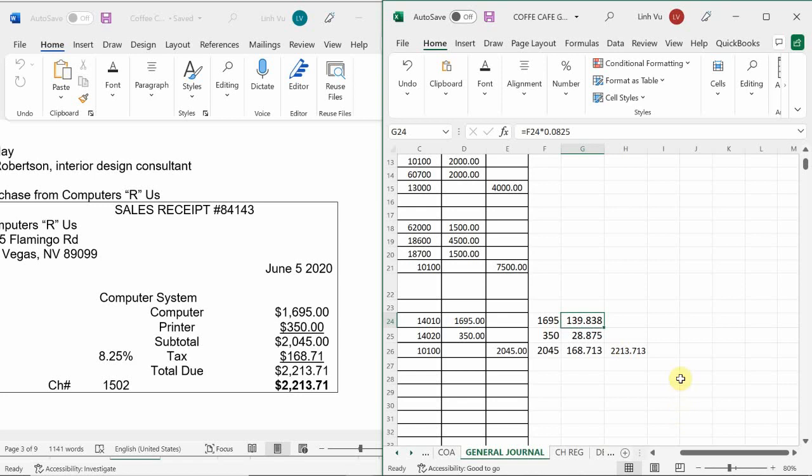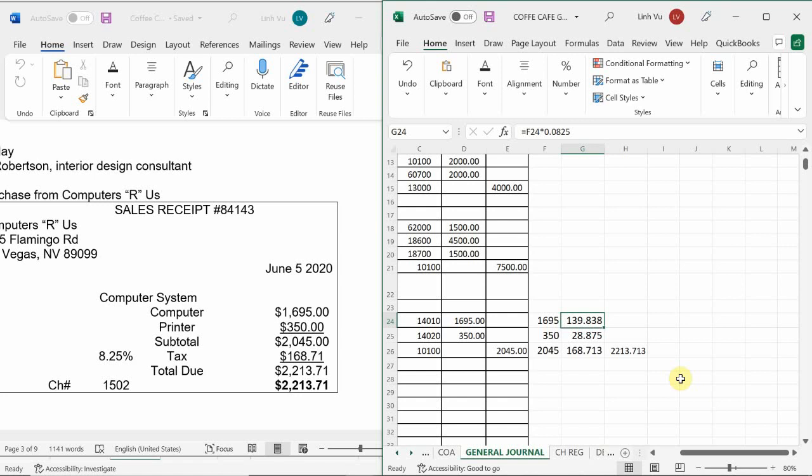Now, here's an easier way to think about it. Usually your more expensive item is going to get the most tax, right? Because it's based on a percentage. So in this case, you could have just assumed this as well, where, okay, my computer's the most expensive, so I'm just going to put the penny there.